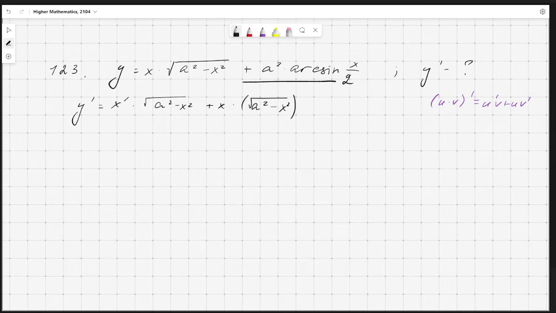And in our second term, we can see a squared times arc sine, but a squared is constant, so we can take it out of the derivative and find derivative only of arc sine of x over a.